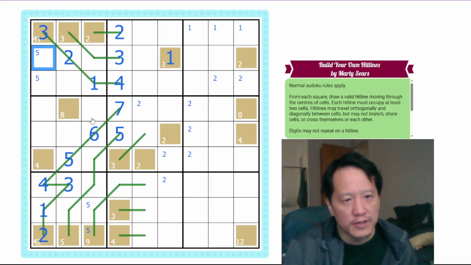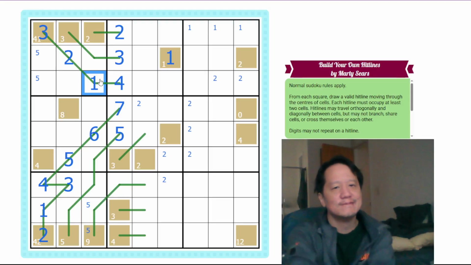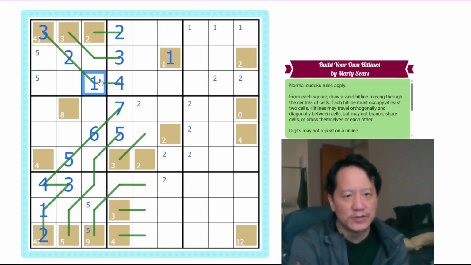So 5 has to match one of these 2. It's probably that, but the problem is 1, 2... You need a 4 that matches here. And this, you can't go... You need the 3 matching, but again, this 3 and 1 have to be split. This is annoying.